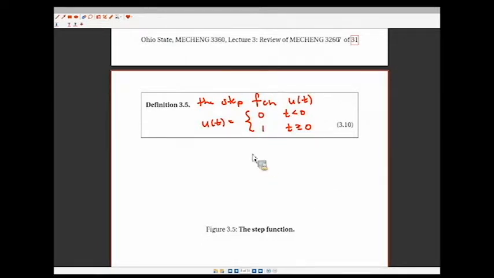What this means is that the step function has this form. For time less than 0, it's 0. For time greater than or equal to 0, it's equal to 1.